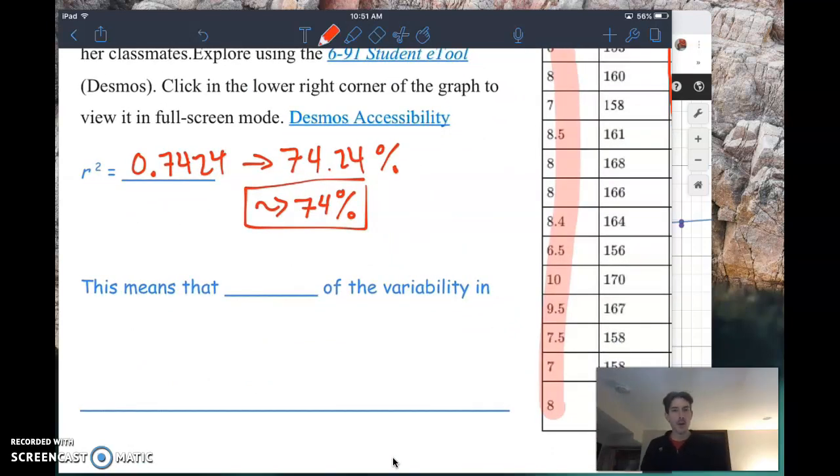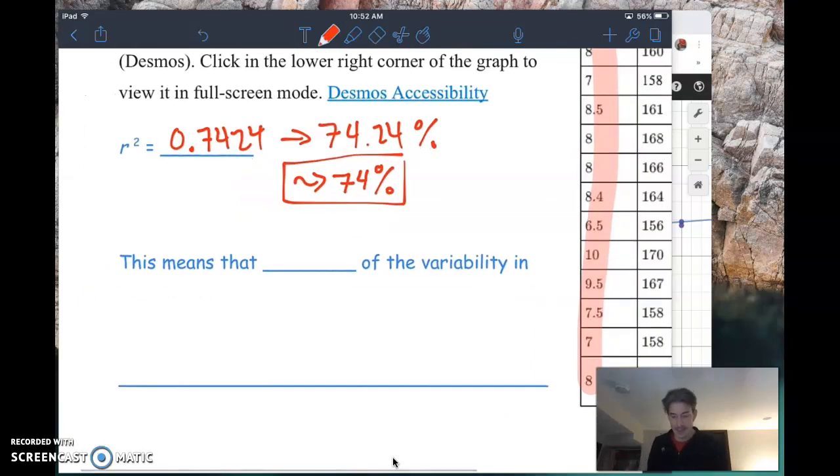Okay, so here we go. This means that, and you can always use this blue sentence frame that we've got right here. And I'm going to help you fill it in, and then you're going to be able to take it and apply it wherever you want.